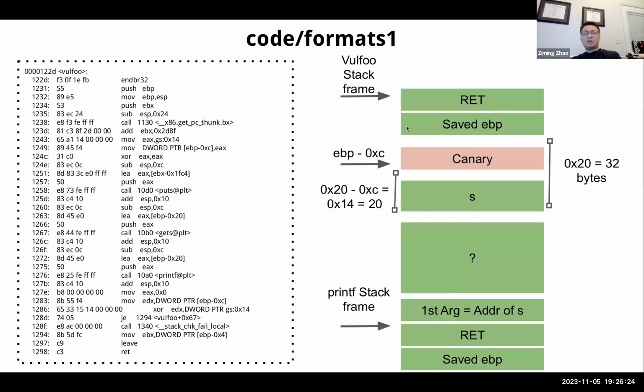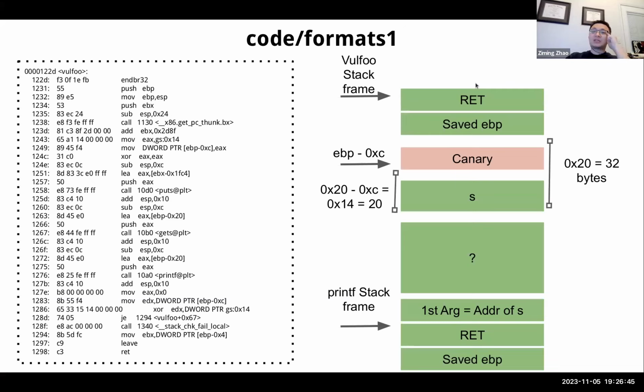So going back to the slides. I'm going to show you some animation here, so hopefully you can understand what happened in what we just demoed. On the left-hand side, this is the program we have, and this is a disassembly of that vulfu. On the right-hand side, we have the stack.